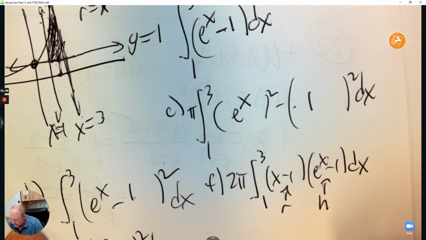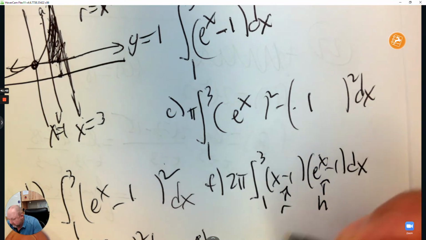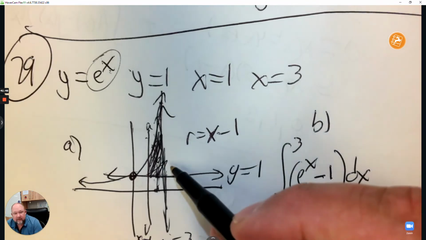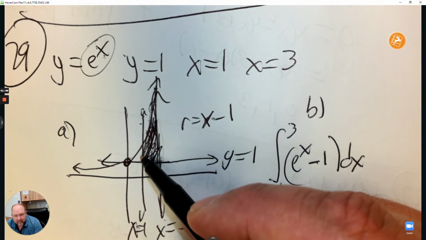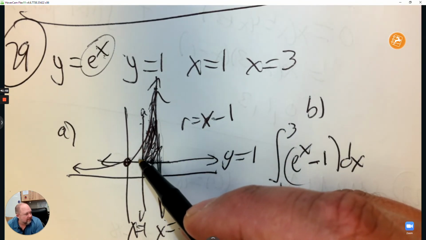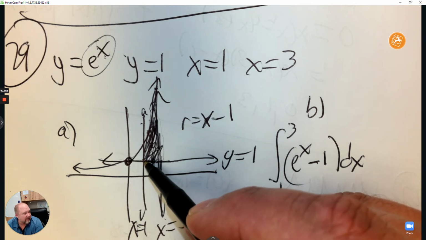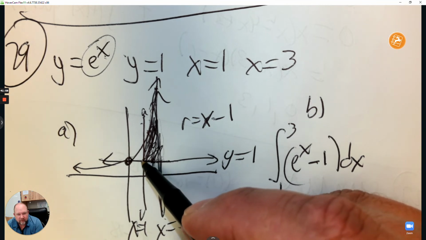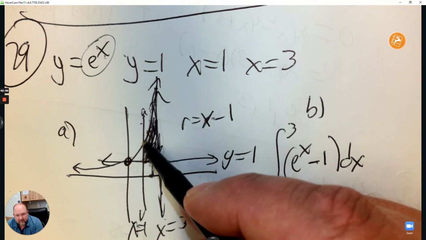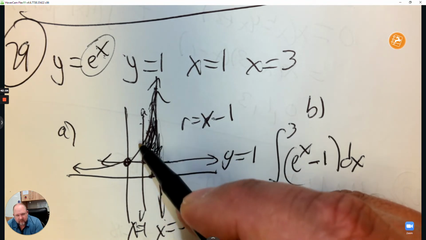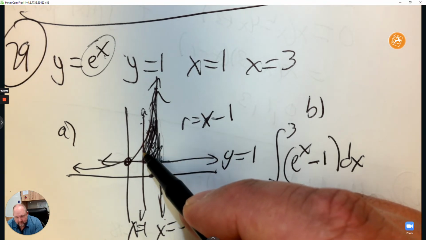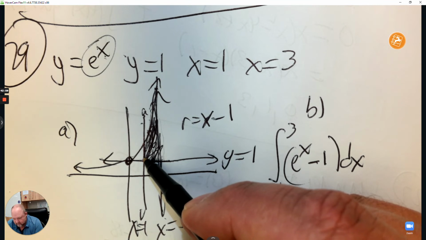The perimeter of region R is arc length. So to find that perimeter around it, first of all, let's make sure I do this right. This perimeter up here is e to the 1 subtract 1.